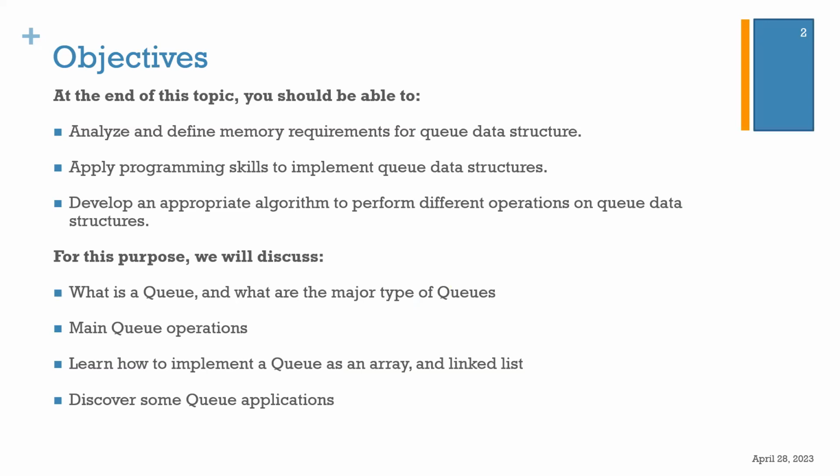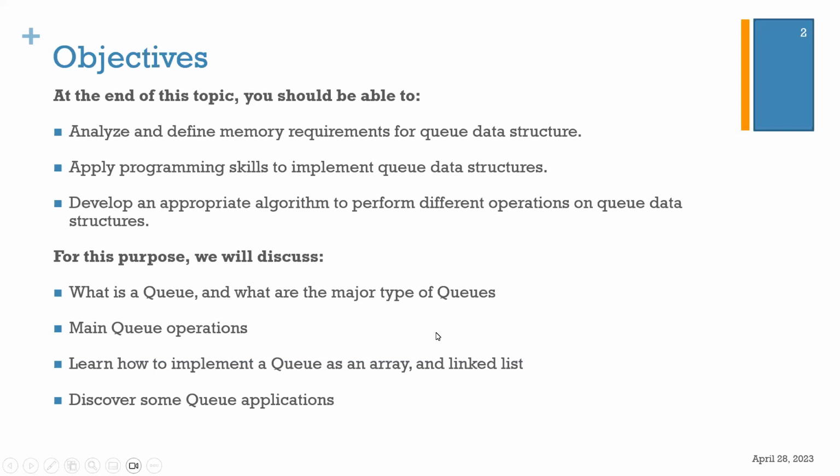Our objectives in this lecture: by the end of this topic, you should be able to analyze and define memory requirements for the queue data structure. Also, you will apply programming skills to implement the queue data structure and develop appropriate algorithms to perform different operations on it.